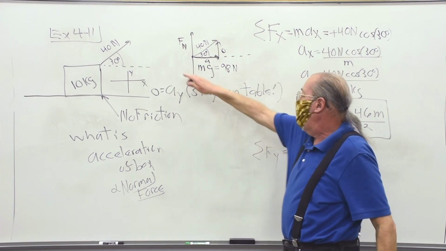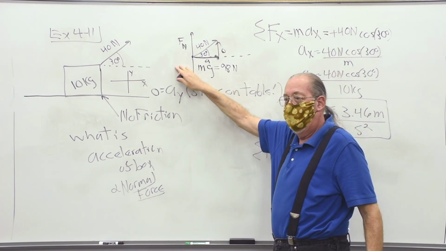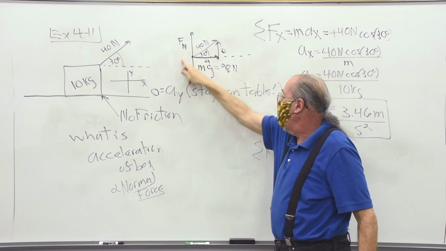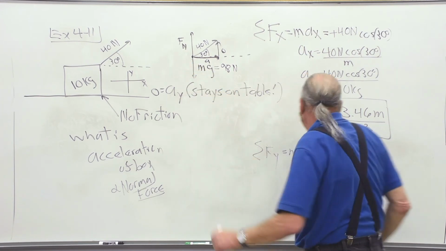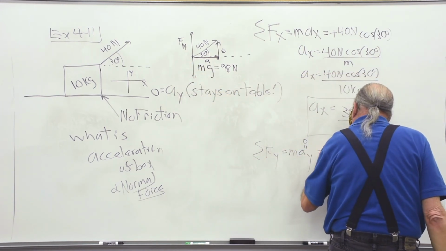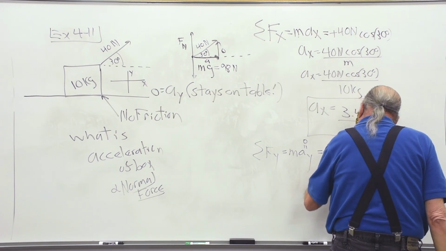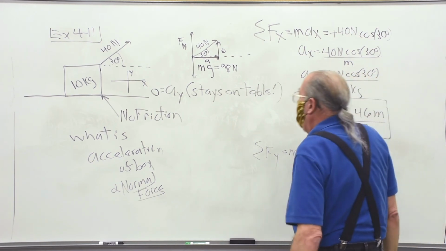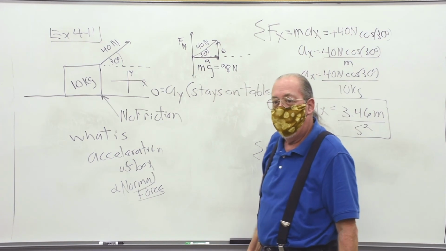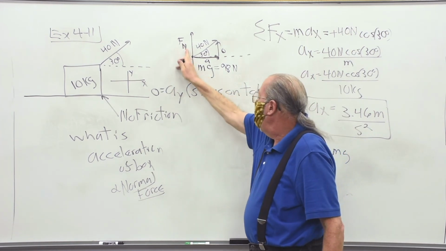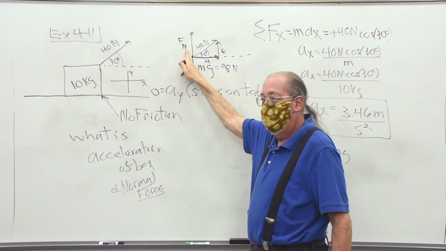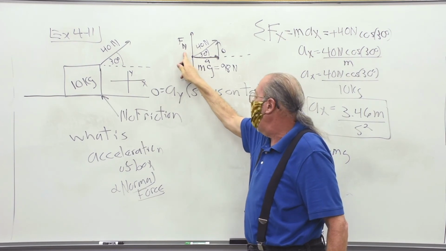Is that a positive or negative component? Which way is it? It's negative. So we have a negative mg, and then what else do we have? The normal force. Is it a positive or negative component?